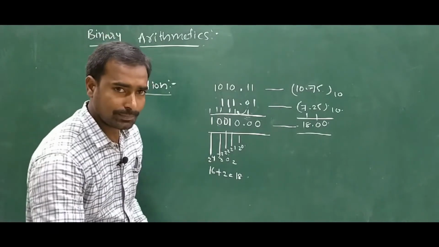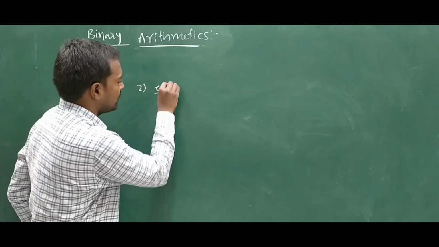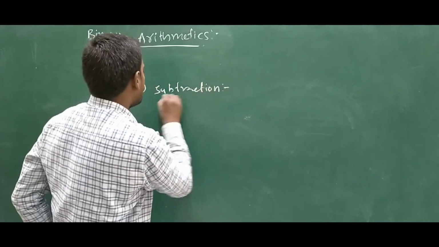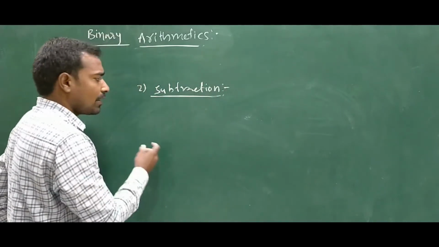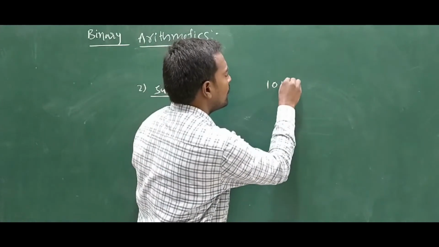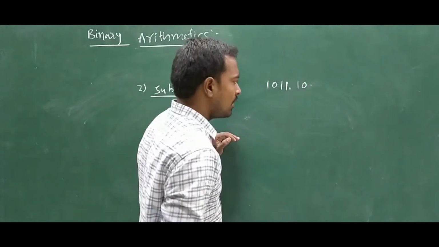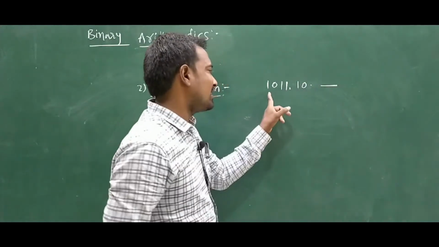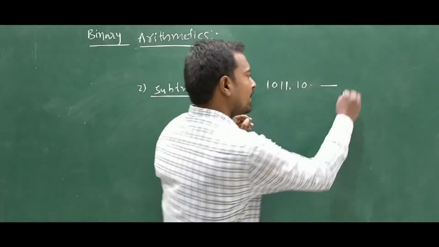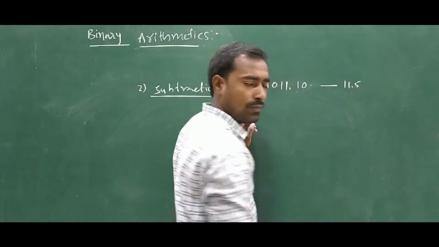Okay, next coming to the second one, that is subtraction. Here I am taking the binary digits 1011.10. So this is equal to 8 plus 2 plus 1, which is equal to 11.5.